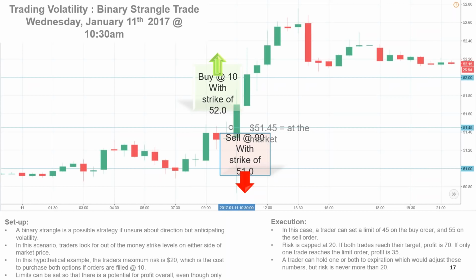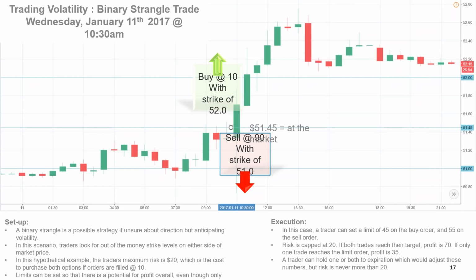And just so I'm absolutely accurate here, you're going to sell the option below and buy the option above. So in this example, each option, the one above and the one below, is going to cost us $10. So our maximum risk net of fees is $20.